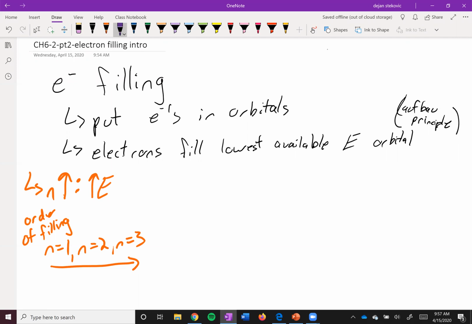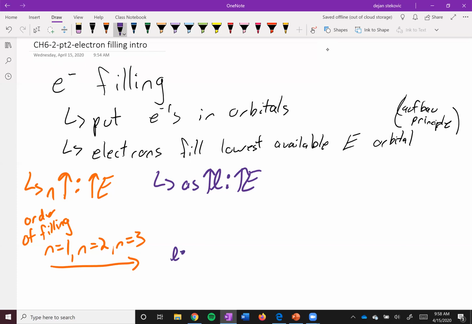Now remember, n is the principal quantum number, but in any n, there are subshells. There are different values of l. n is the overall energy and the size of the orbital. l is the shape and somewhat the energy as well. So let's take a look at what happens as l increases. As l increases, energy also increases, so it makes sense. As the number gets bigger, you get more energy.